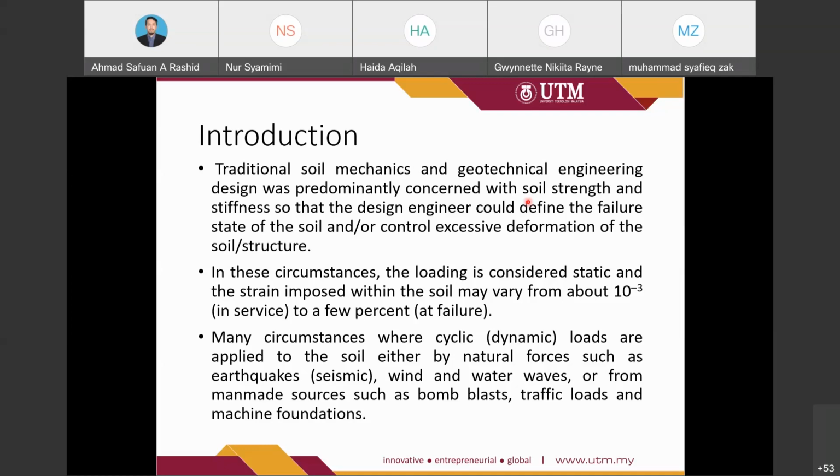Then we also have the effect of traffic load, and the last one is from machine foundations. We may discuss machine foundations in the deep foundation topic, where most of the examples are related to vibration from the machines.